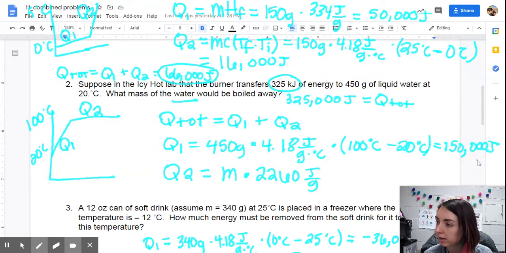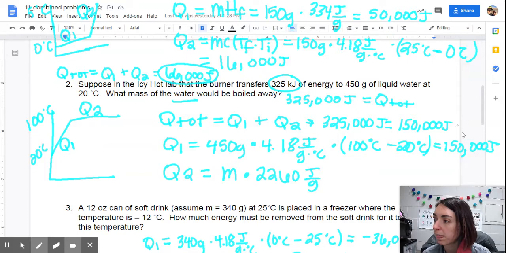Well, I know Q1 and I know Q total. So up here, we'll do 325,000 joules equals 150,000 joules plus Q2. So look at that, I can figure out Q2.